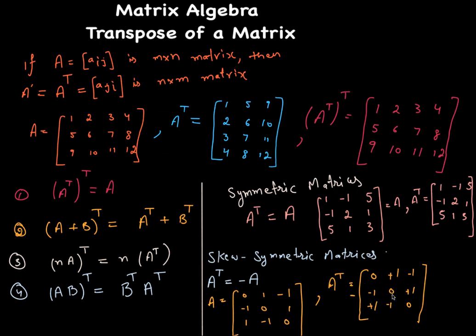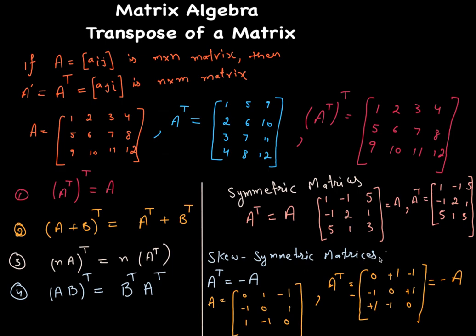Now you look at this, so this is equal to A: 0, +1, -1, -1, 0, +1, +1, -1, 0. So A transpose is equal to -A. So these kinds of matrices are called skew symmetric matrices.